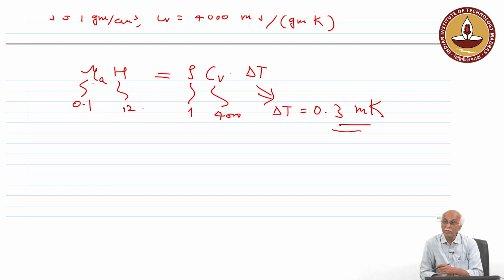Tissue damage comes into the picture particularly when the temperature rise is more than a few kelvins, 1, 5, 10 Kelvin. Then the temperature rise is significant enough for the tissue to start getting burnt.